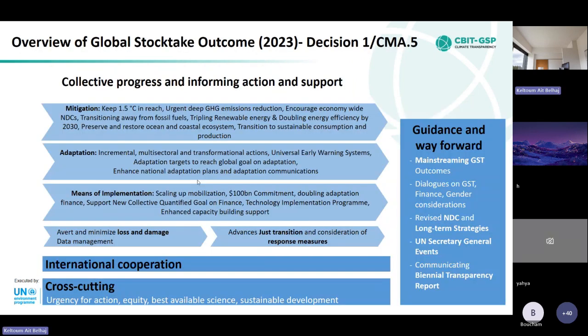All right, here an overview of the findings from the first global stocktake adopted as Decision 1 SEMA 5, which assessed the world's collective progress toward the Paris Agreement. So first of all, it found that current efforts are not enough to keep the 1.5 degrees Celsius within reach.